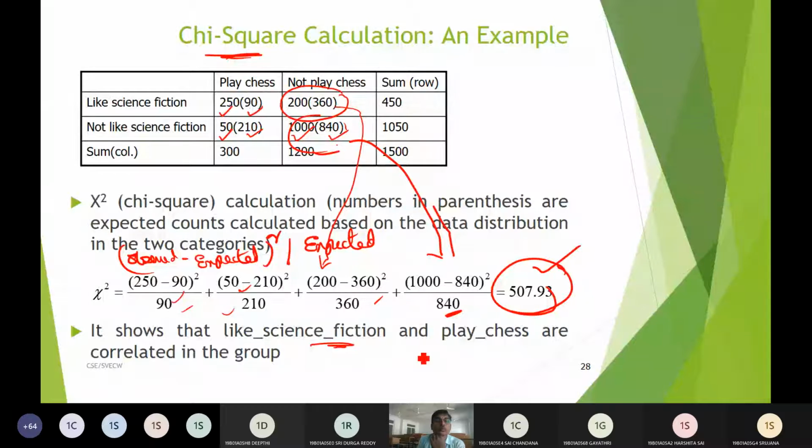The second way of looking at the correlation analysis is what we call the Pearson coefficient.